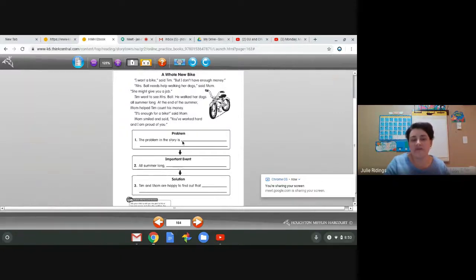Or the problem in the story is Tim doesn't have enough money for a bike. Okay? You cannot just have that Tim wants a bike. That's not a problem. The problem is he doesn't have enough money to buy a bike. So you must have both things. Both of those are important in number 1.